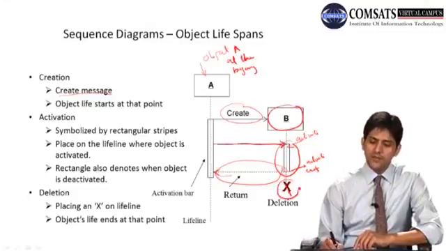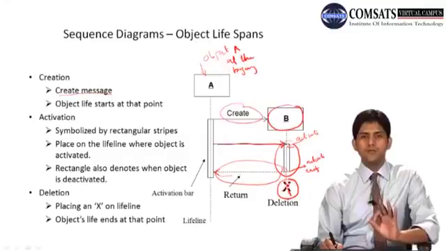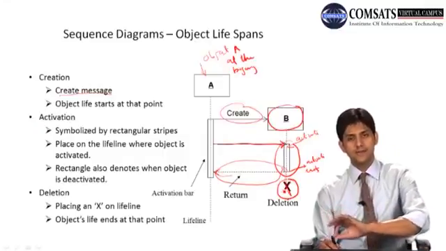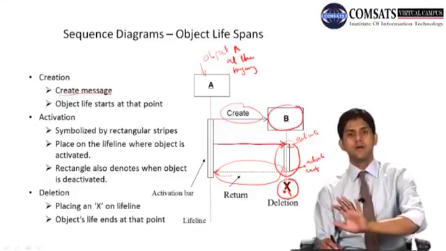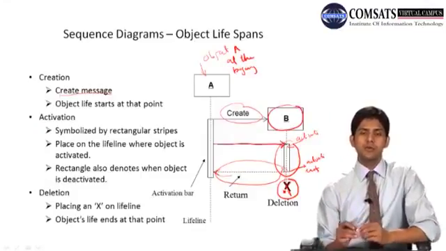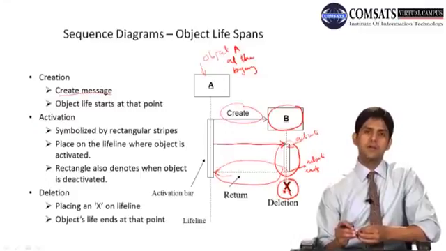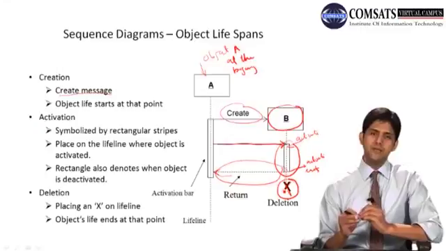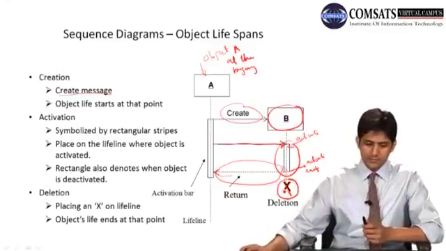This cross tells that the lifespan of this particular instance of this class has ended in this particular scenario. So this is the more advisable, more advanced way of drawing a system sequence diagram, where you only create an object when it is needed and you delete it when you do not need it anymore.